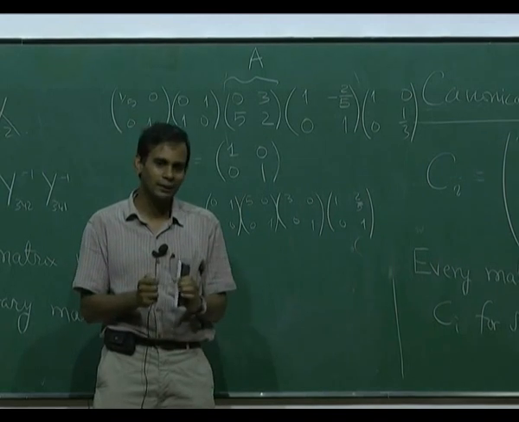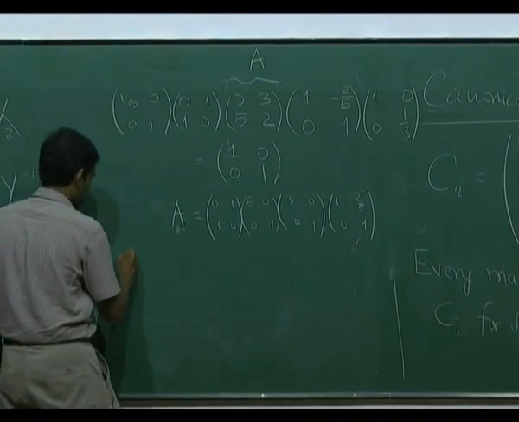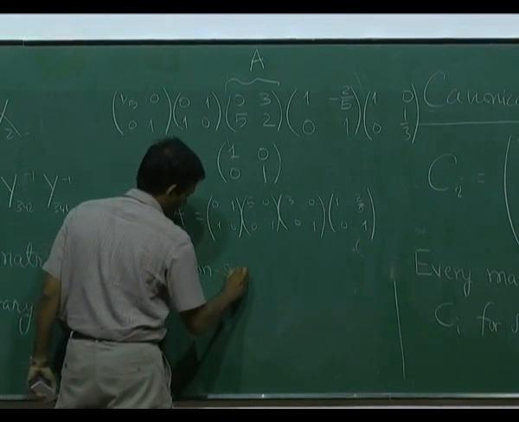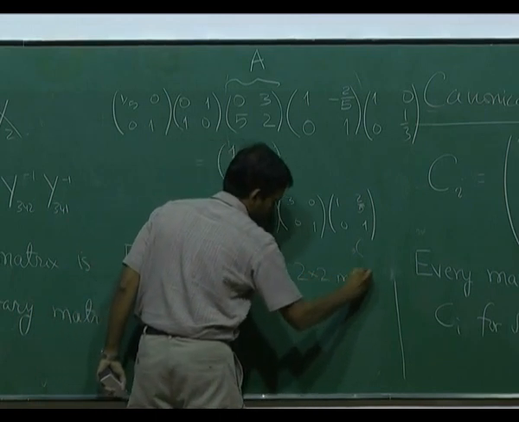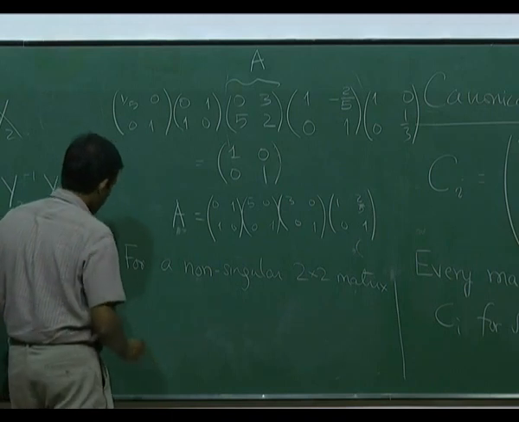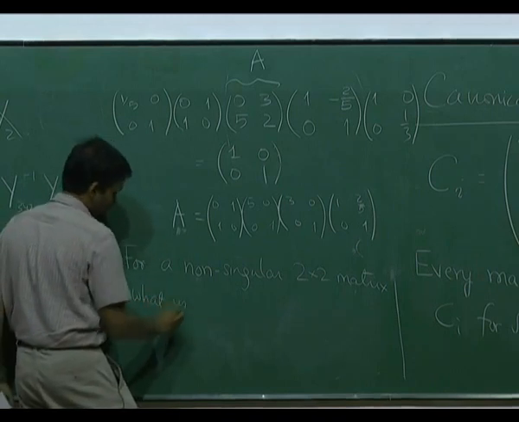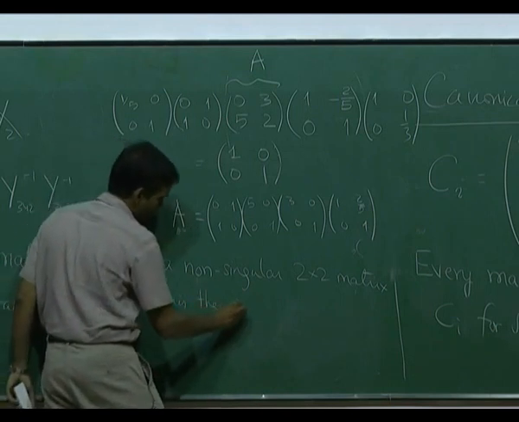And so, what I am asking is, for a non-singular 2 by 2 matrix, what is the largest number, what is the maximum number?